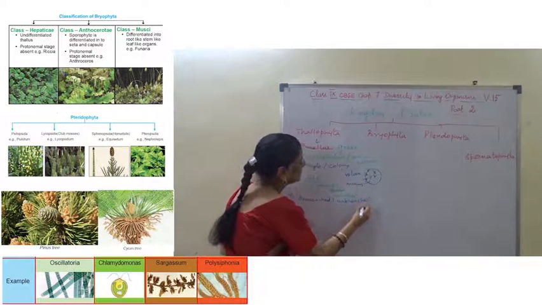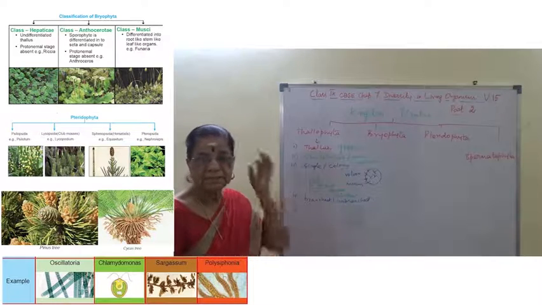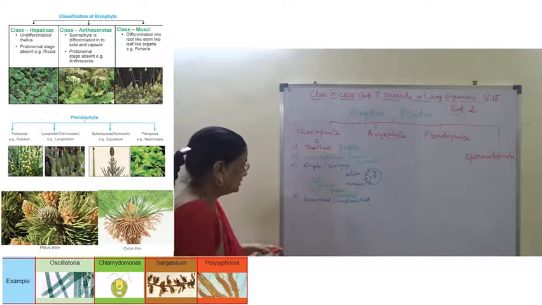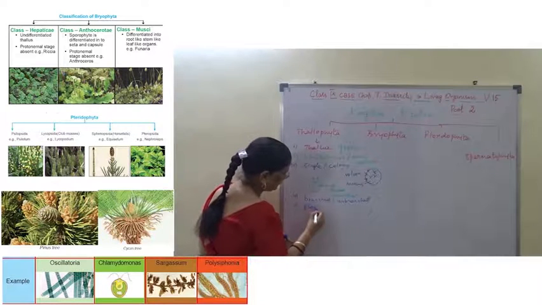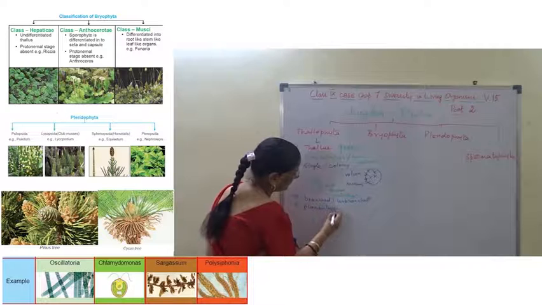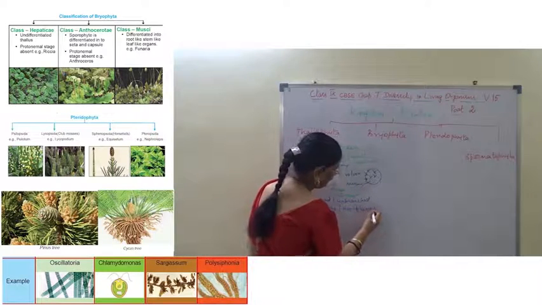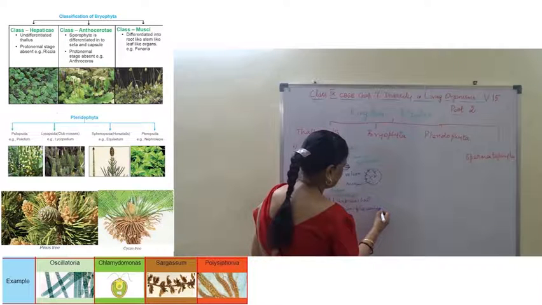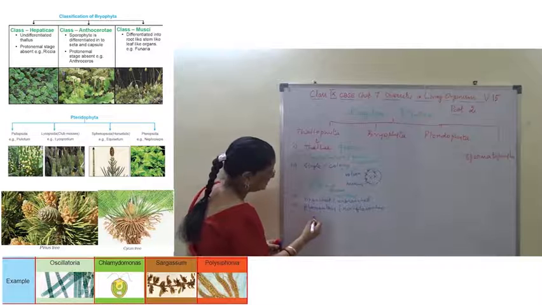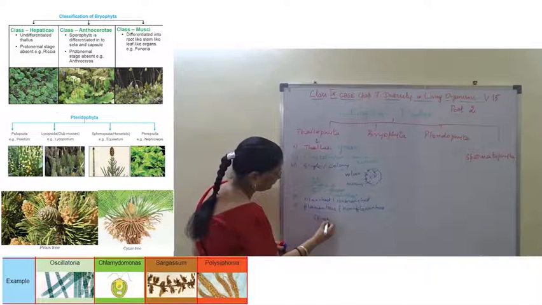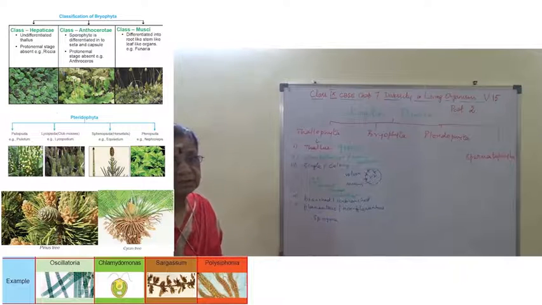These are all characteristic features of the first major plant group, Thallophyta. It is branched or unbranched, and then filamentous or non-filamentous. Non-filamentous is Chlamydomonas, filamentous is Spirogyra. Are you clear?